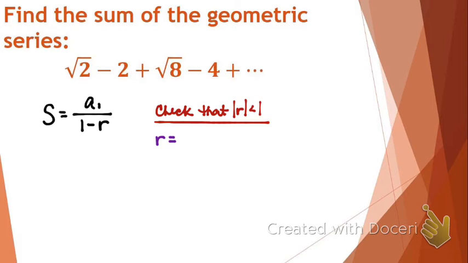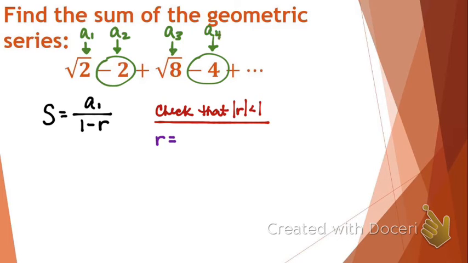So we've got here's my first term, this is my second term, my third term, my fourth term. Any two consecutive terms I can divide. Jackie, if I heard you right, you picked A3 and A2.